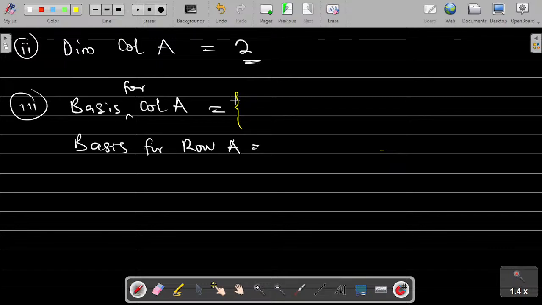So let me use this kind of brackets. The first element in our basis for the column space of A will be 2, 1, minus 7 and 4, comma, then the second element will be minus 1, minus 2, 8 and minus 5.